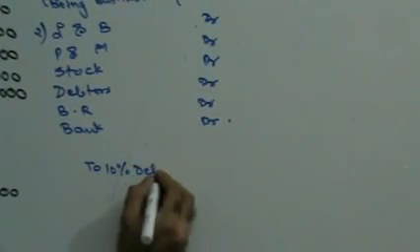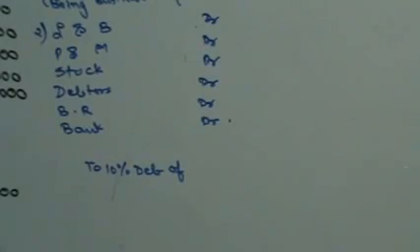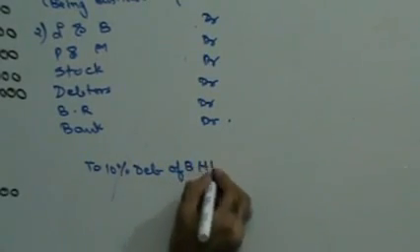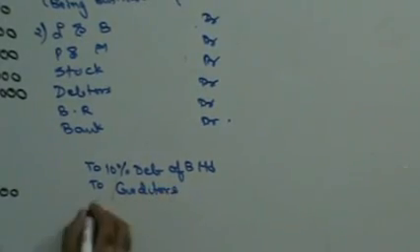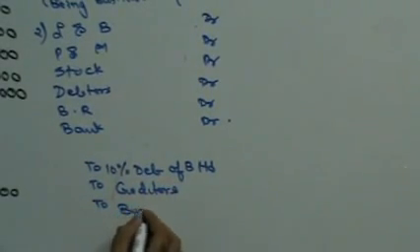Leave a line to 10% debentures of B Limited, to creditors, to business purchase.